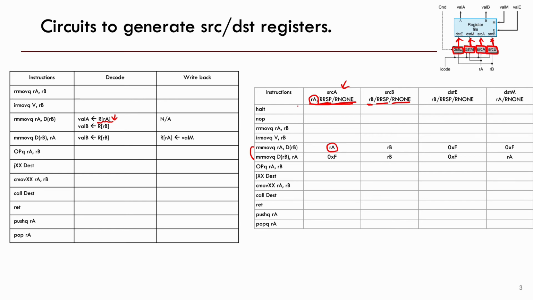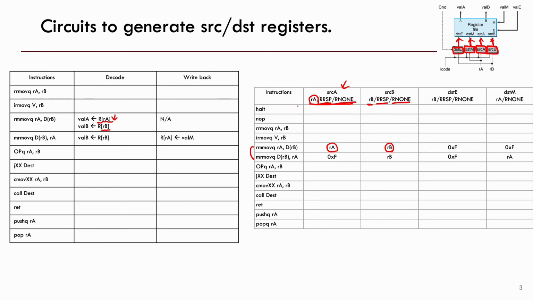And we also need to read the RB value, the base address where we need to write in the memory. So we also need to read register RB, not RSP, or just 0xF, which means we don't read or write a register.